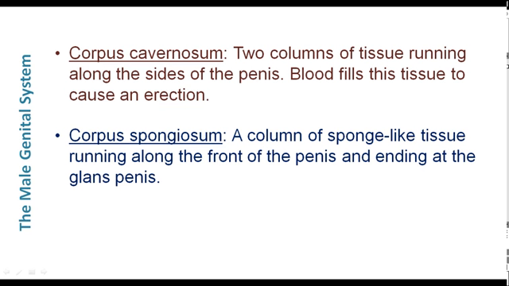Another spongy tissue is the corpus spongiosum. It is running along the front of the penis and ending at the glans penis.